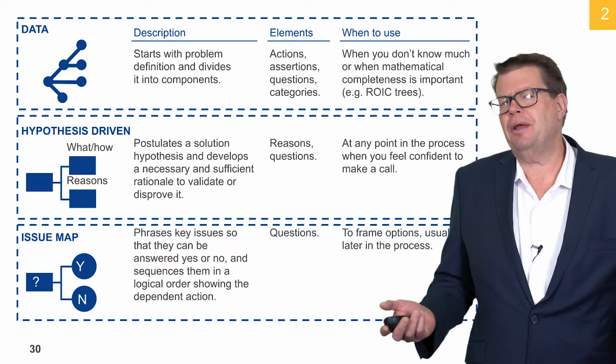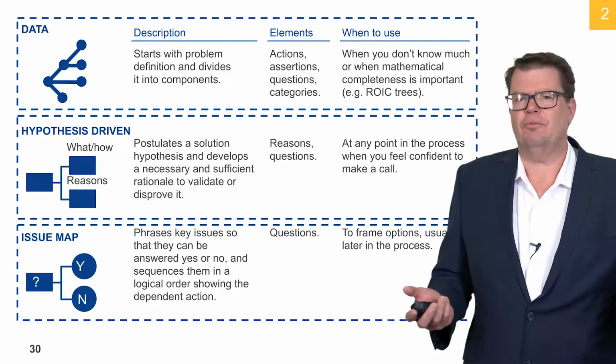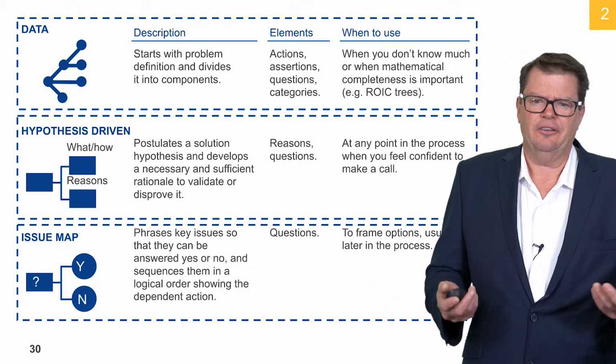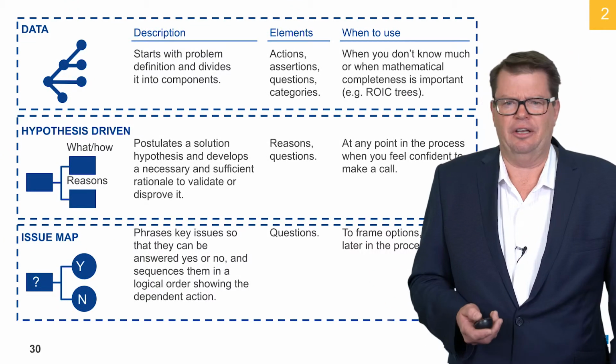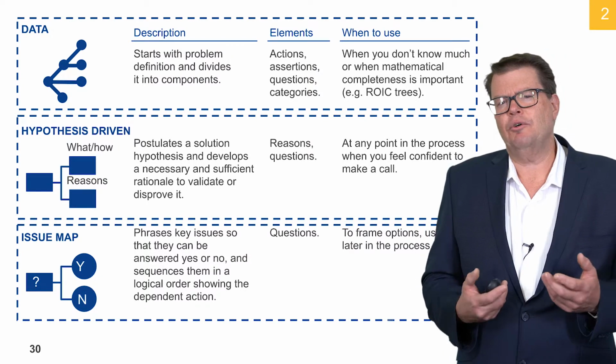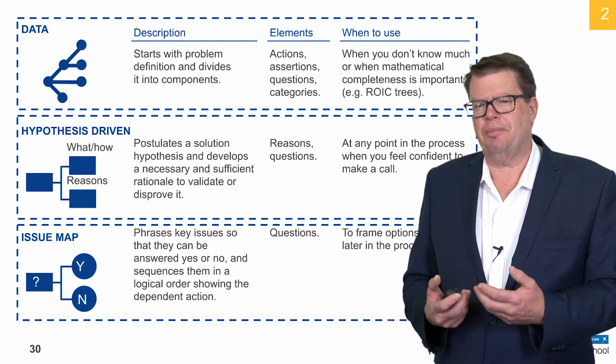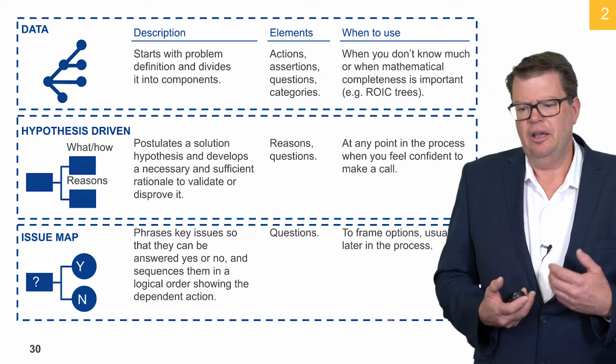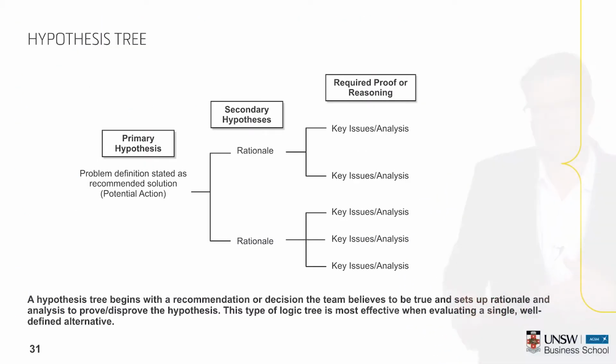So three fundamental types of logic trees that we would use in the consulting process to start shaping out what are the issues underlying the problem. So let's just take a slightly more detailed view to give you a bit of a feel about a hypothesis tree approach. So with this hypothesis tree, you'll see on the next slide where we've given you a high-level example of hypothesis.